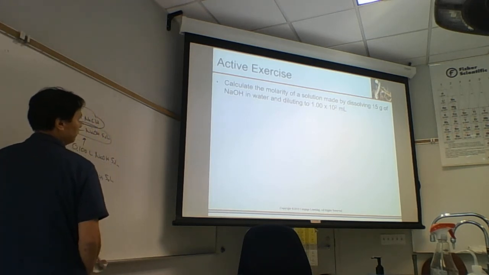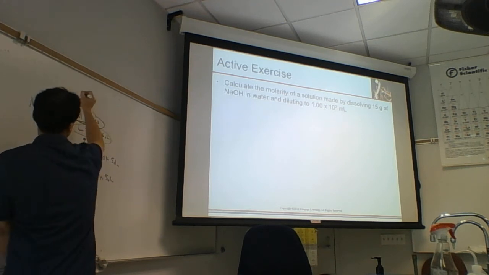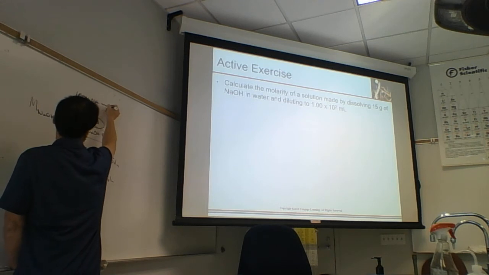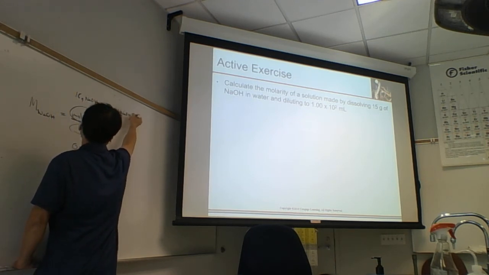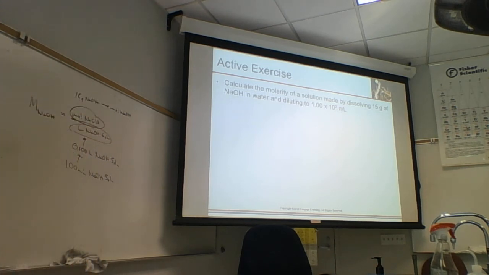So we just do a gram to mole conversion. If we have 15 grams of pure sodium hydroxide, and we know its molar mass, we can just convert that into moles of sodium hydroxide. The molar mass of sodium hydroxide is 40.00 grams per mole.